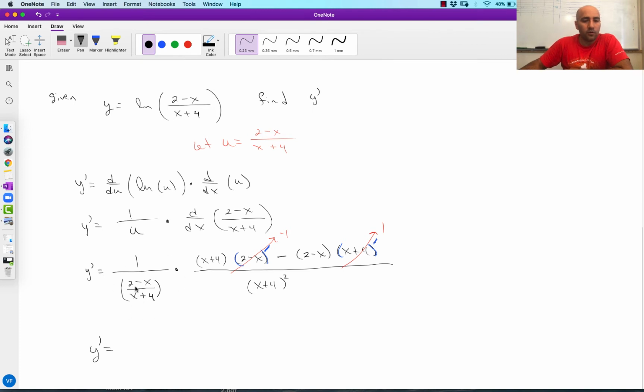Now here we want to multiply the numerator times the reciprocal of the denominator. So we end up with 1 times x plus 4 divided by 2 minus x times, and then in this we end up with a giant fraction. We have the x plus 4 squared in the denominator, and then we end up with a minus 1 times an x plus 4 minus, and then we end up with a 2 minus x.